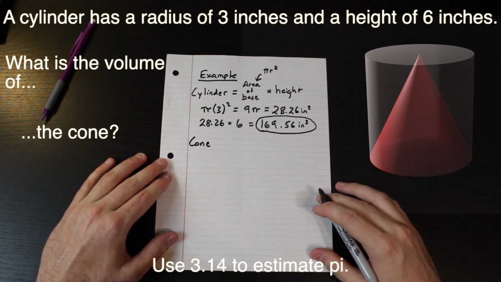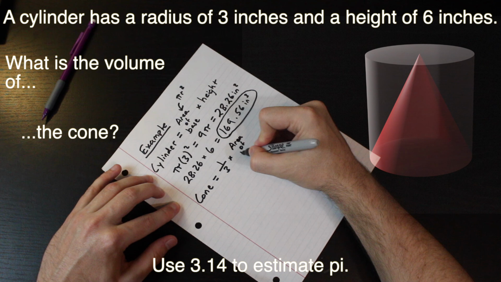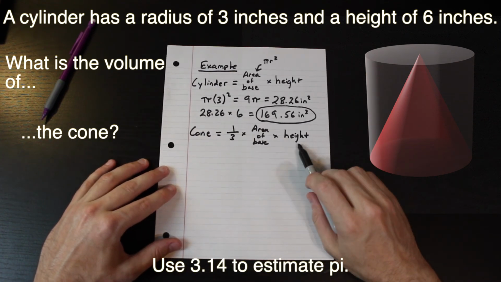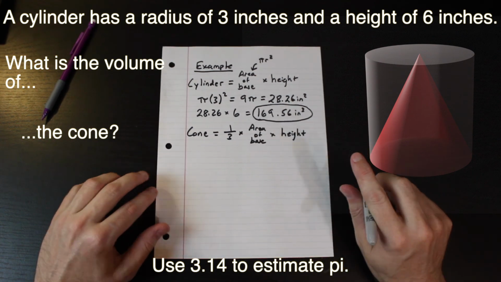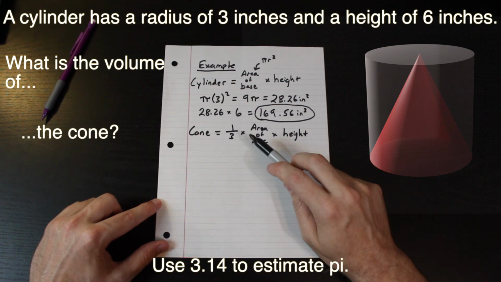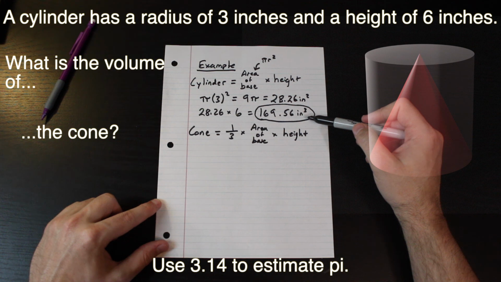Now let's find the cone. The formula for the cone is 1/3 times the area of the base times the height. So we could plug all our numbers in again, or we could notice that we've already done most of the work already. Area of the base times the height is right here, the volume of the cylinder.